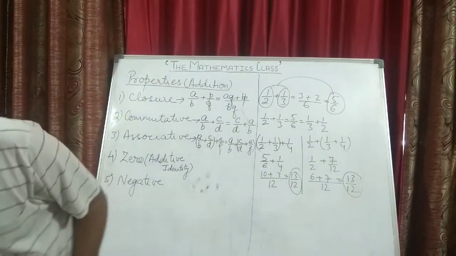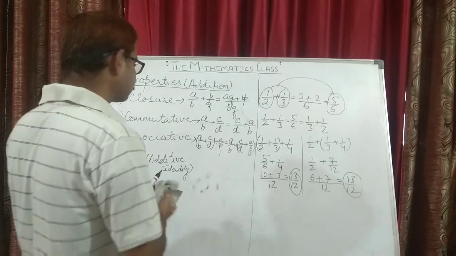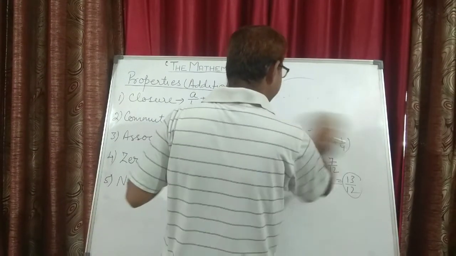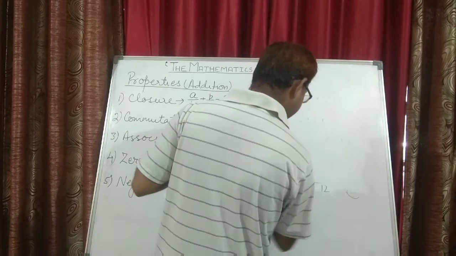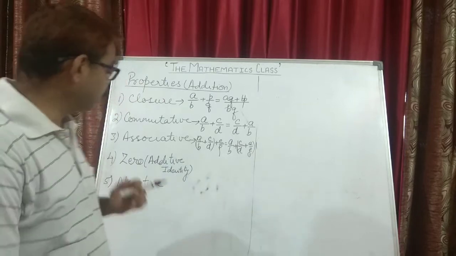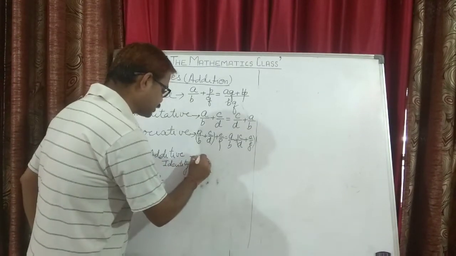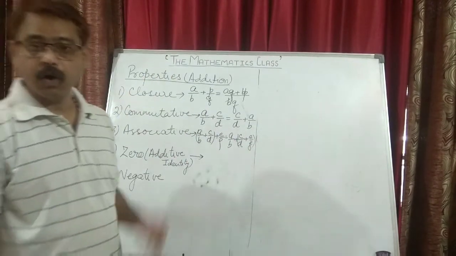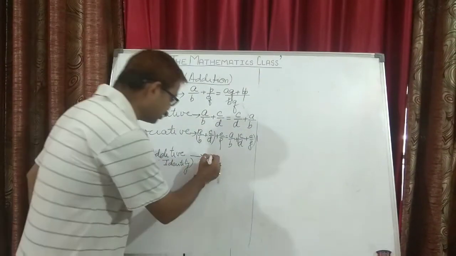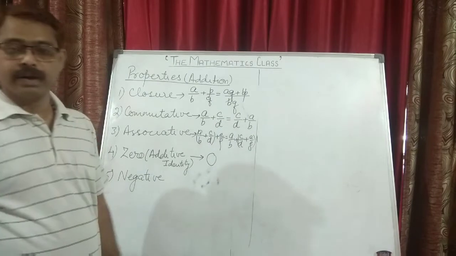Now, next point is about additive identity or zero. What is this additive identity? Additive identity means always in rational numbers, there exists a number 0.